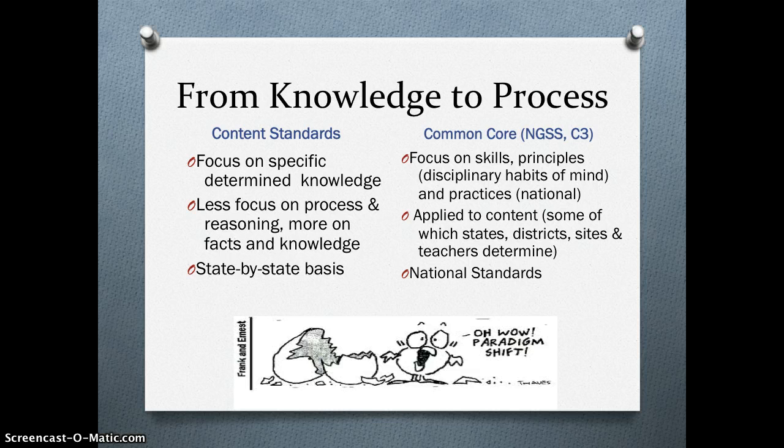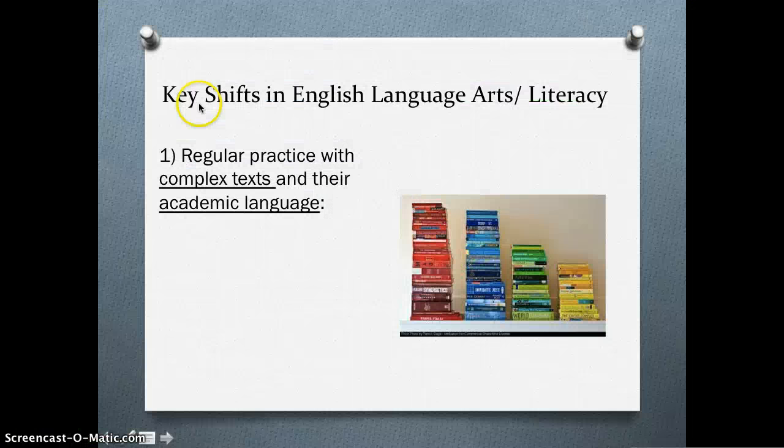These practices, skills, and principles are applied to content, a percentage of which is left up to each specific state. Because the Common Core is more about reasoning and practices needed to be successful in English language arts, literacy, and math, there is much more equal emphasis placed on thinking, process, and the skills necessary to be successful, as there is on obtaining the right answer.